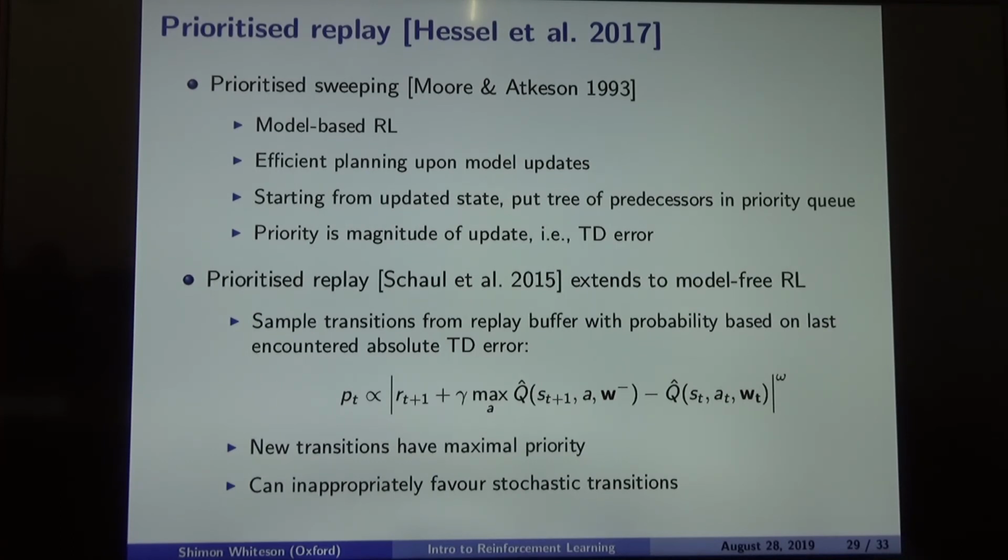So the idea in prioritized replay is all the data goes into your replay buffer, but instead of sampling mini batches from this buffer uniformly, we sample them with a probability that's based on their TD error. So basically, we compute a priority for each sample in the replay buffer, which is based on the TD error. There's a kind of fudge hyperparameter here that determines how we weight the TD error.